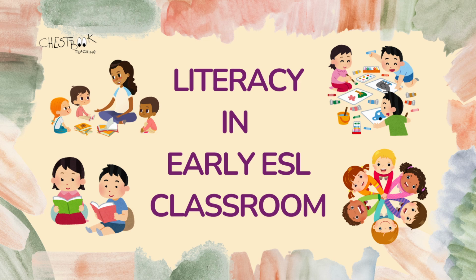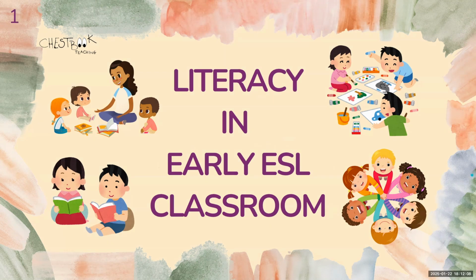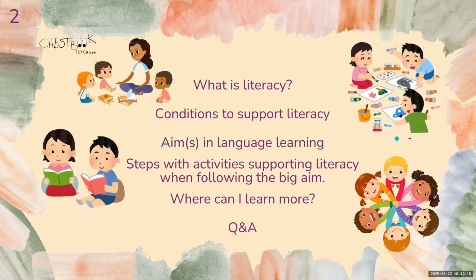So what we will cover today is we'll first discuss what the big picture in language learning is. I called it literacy. So first we'll see what literacy is, and then we'll discover how to establish quality learning environment where literacy can happen.